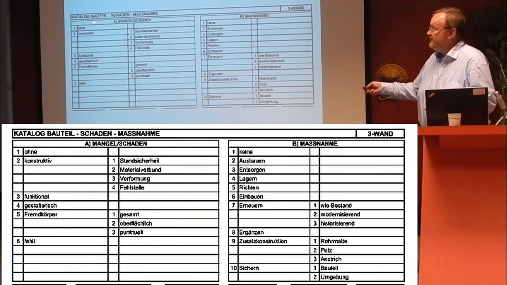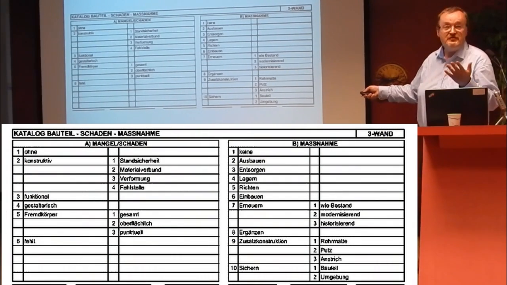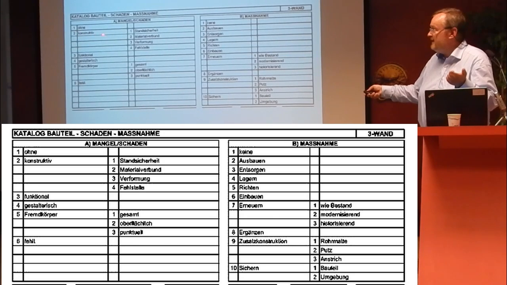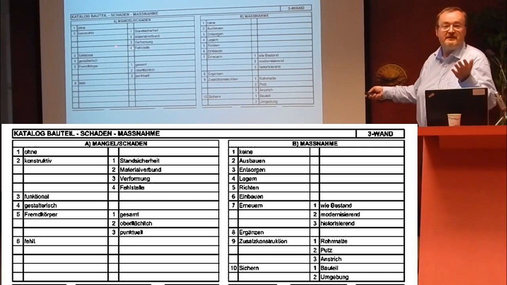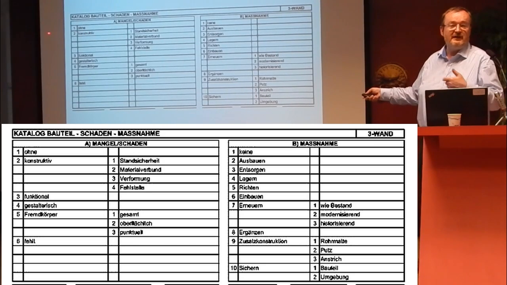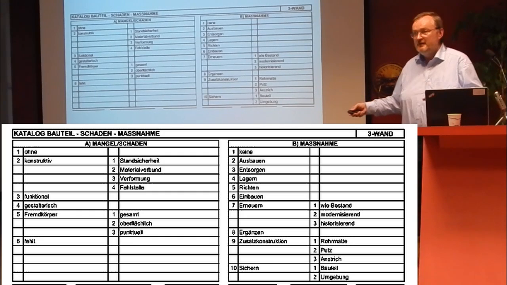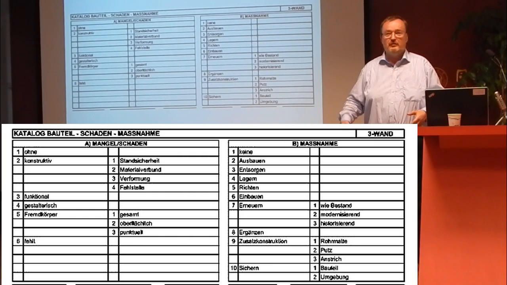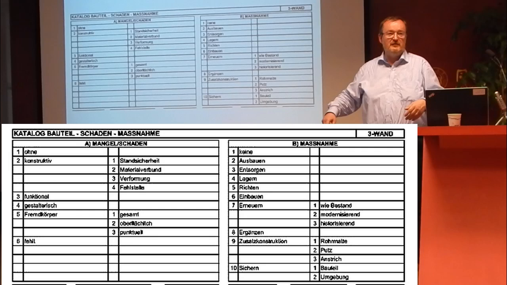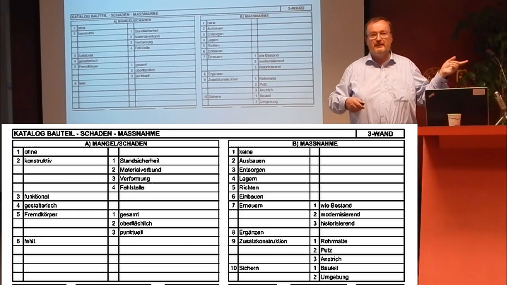And here we have the damage. Number one, no damage. Number two, a constructive damage. For example, belonging to the static, the binding, the deformation, or it is missing. Those are the four constructive damages. There are no more. Then there is a functional damage. For example, now it's a sleeping room, or had been 300 years ago a sleeping room, and tomorrow it shall be the kitchen.